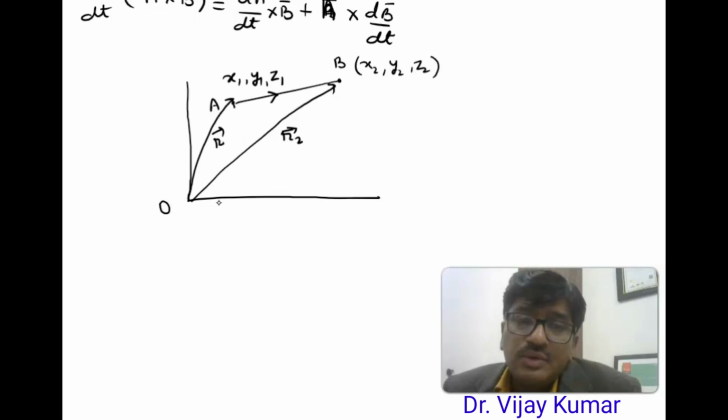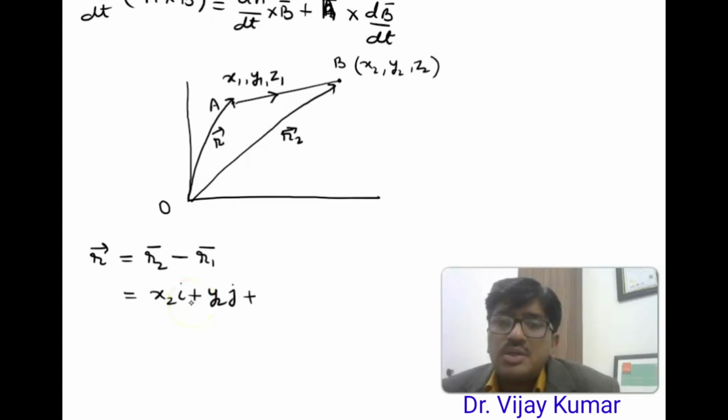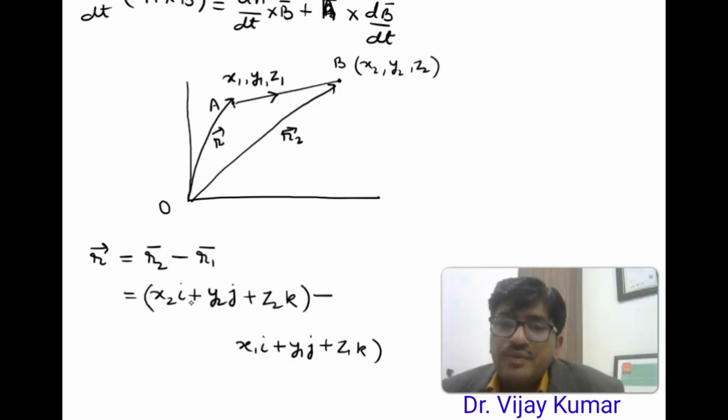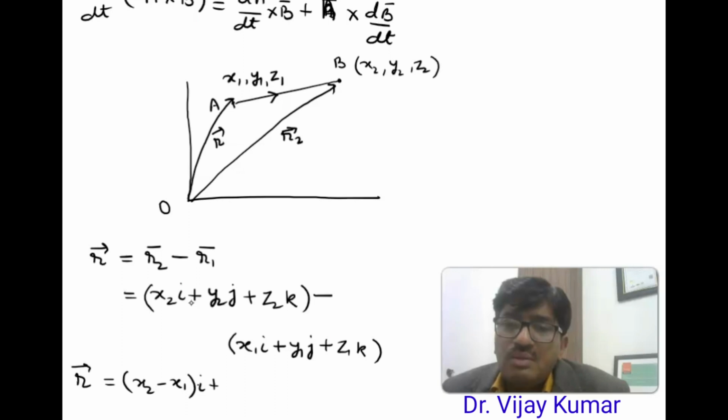So R is (x2 minus x1) i plus (y2 minus y1) j plus (z2 minus z1) k.